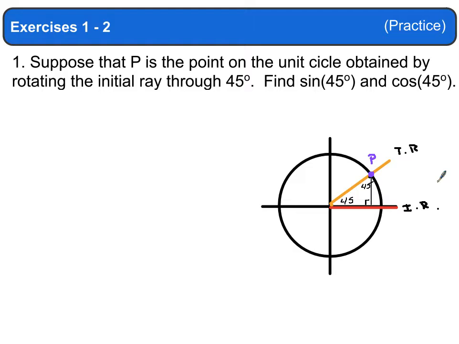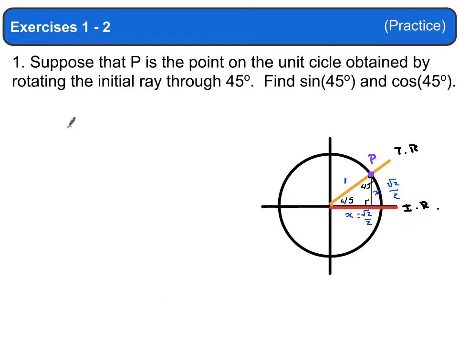Now, if you remember from our opening exercise again, we know that this side is equal to this side, and this is going to be a 1. So if we were to solve it, we would find out that this part right here is the square roots of 2 over 2, and this one right here has to be the square roots of 2 over 2.